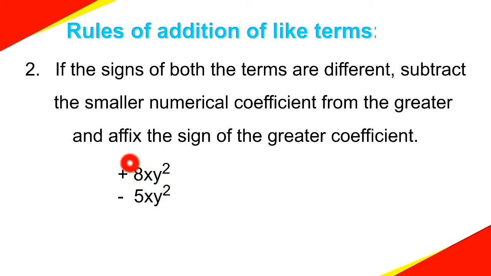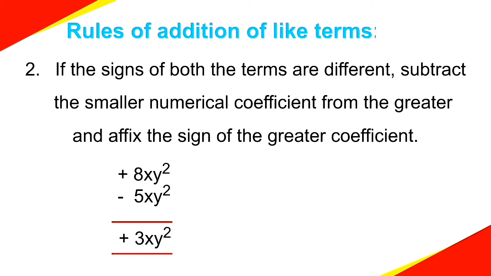Here the constant terms are plus 8 and minus 5. Now in these two, what is the largest number? Right, very good. The largest number is 8. So what is the sign of 8? Right, plus.